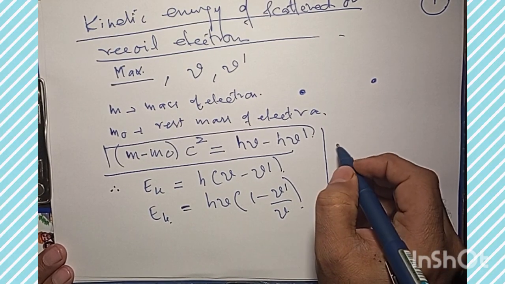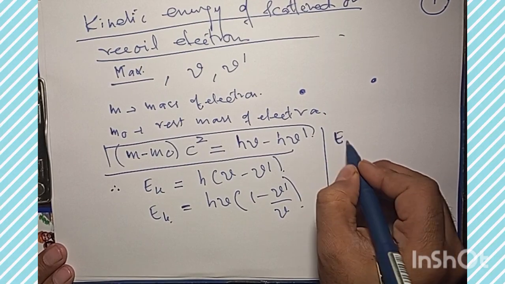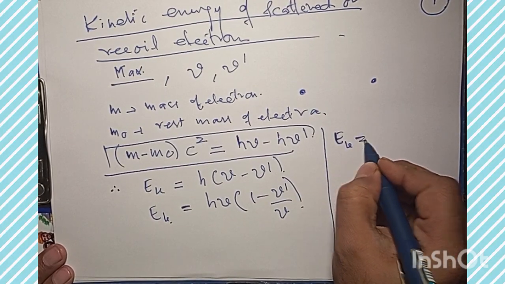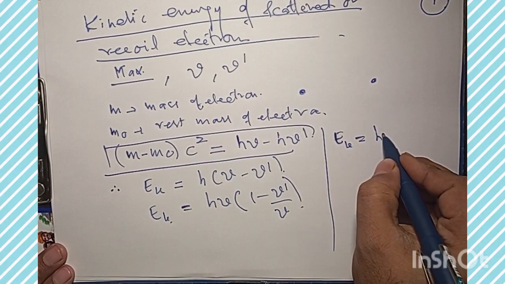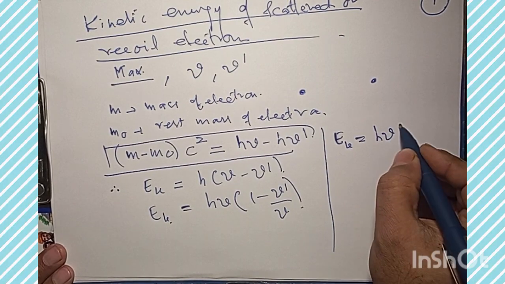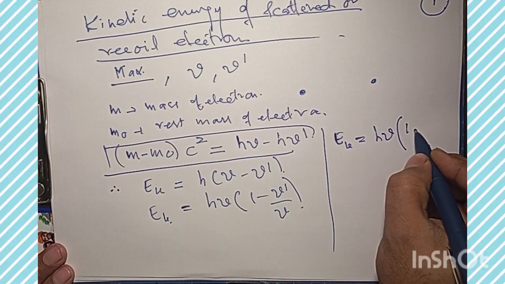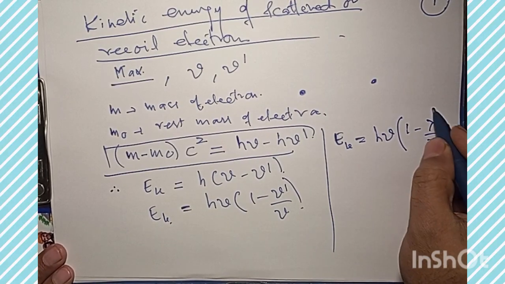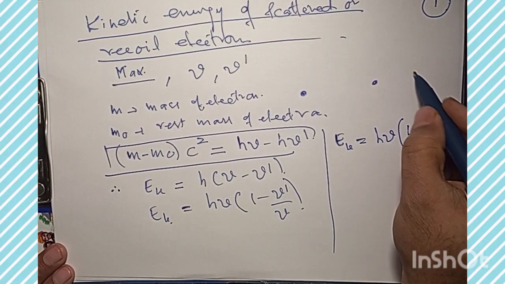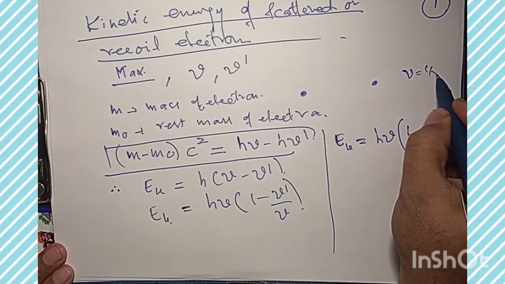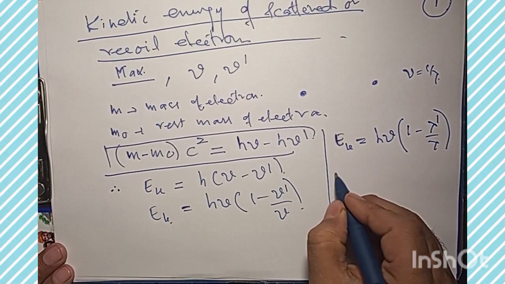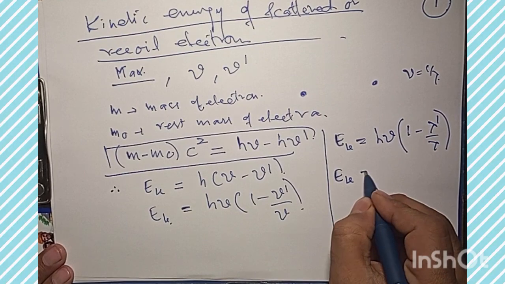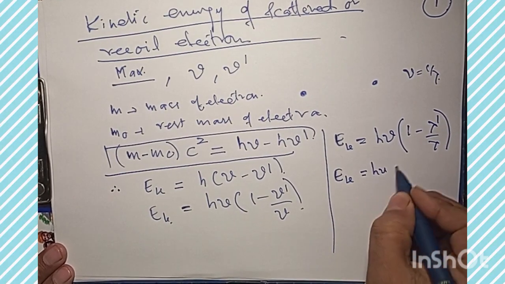So this kinetic energy will be h nu times 1 minus lambda dash will come up and lambda will go down, because we know that nu is c by lambda.